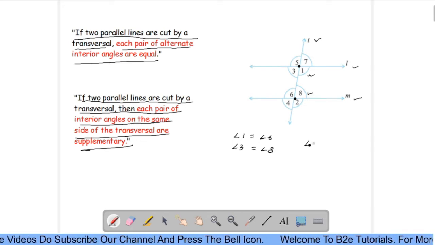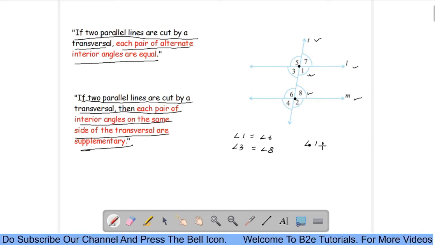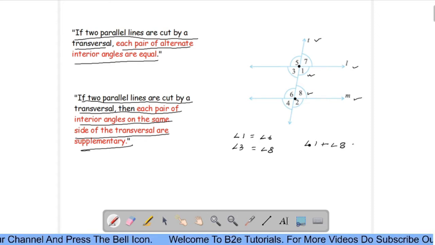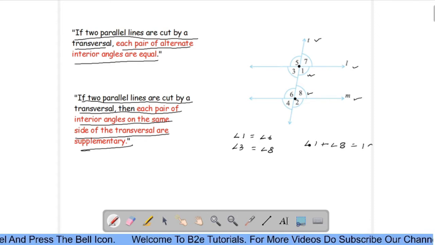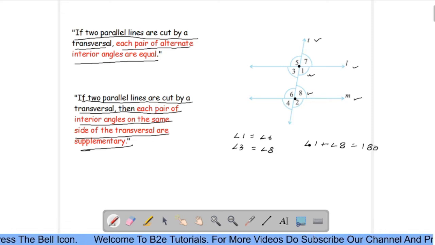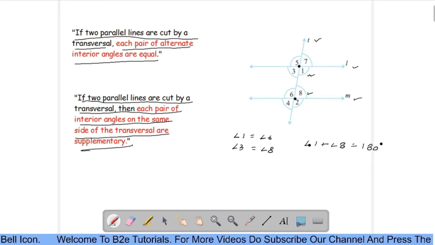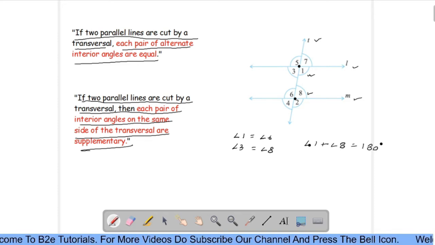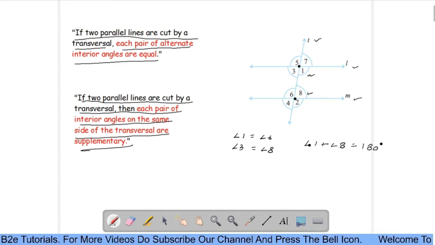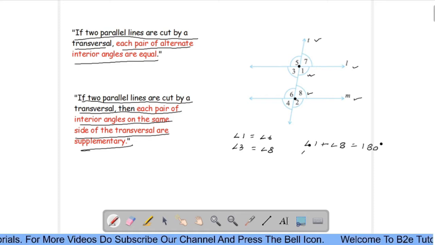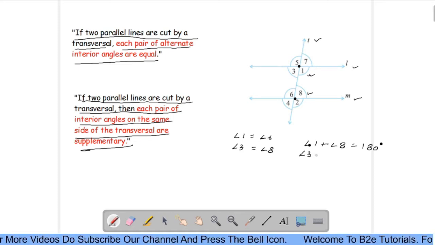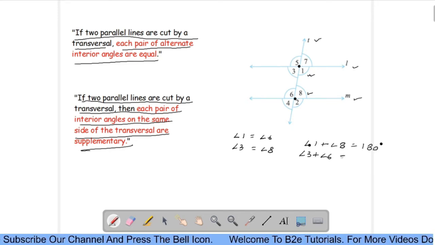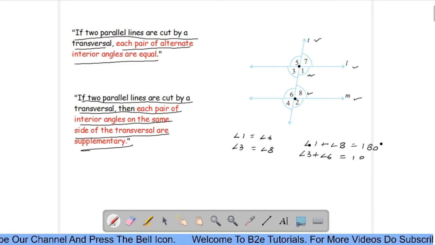That is angle 1 plus angle 8 is equal to 180 degrees. Their sum will be 180 degrees. These are also called co-interior angles or consecutive interior angles. Second pair is angle 3 and angle 6. Angle 3 plus angle 6 is equal to 180 degrees.